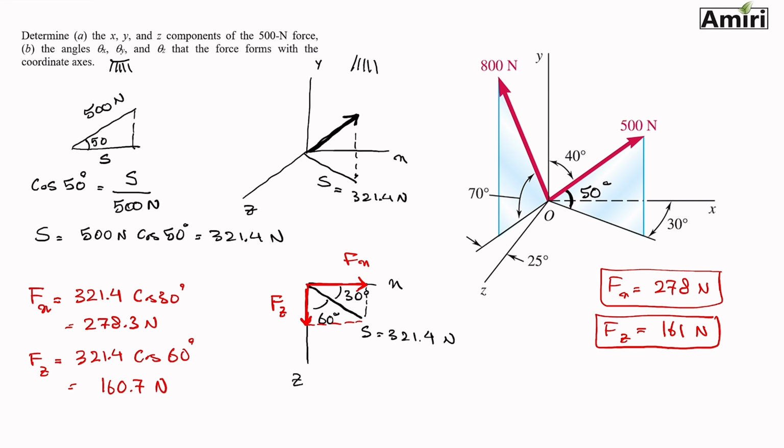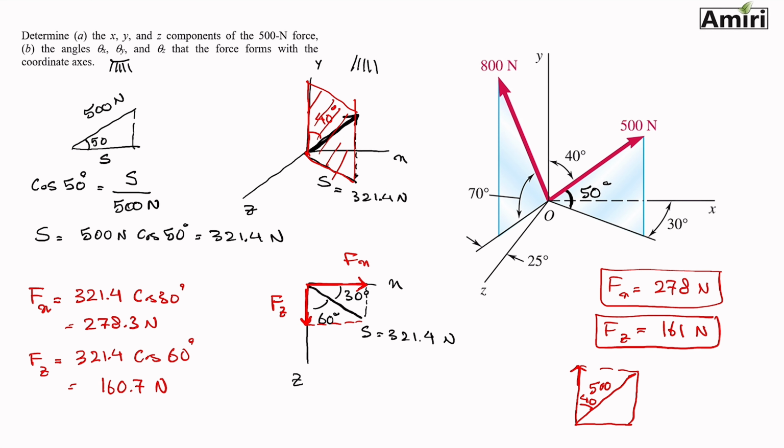Okay, what are we missing? Fy. Okay, Fy is given. The angle is given. If I'm only looking at y and the shadow plane straight, if I'm looking right here, okay, I'm going to draw it right here. This is the 500. This is 40.